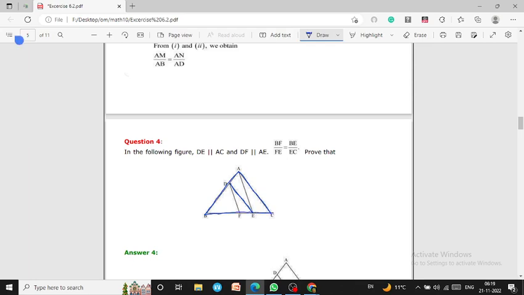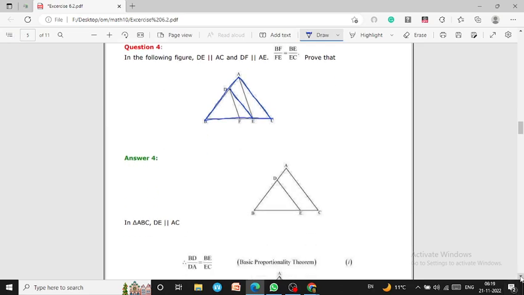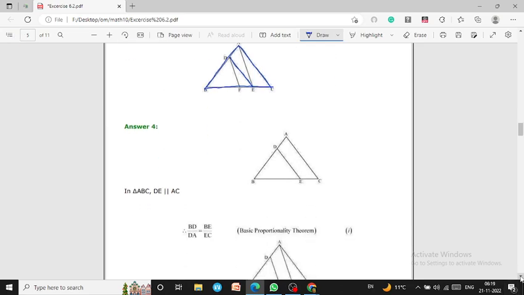First of all we have to solve this figure like this. In triangle ABC, DE parallel AC and BD over DA is equal to BE over EC according to basic proportionality theorem, first equation.